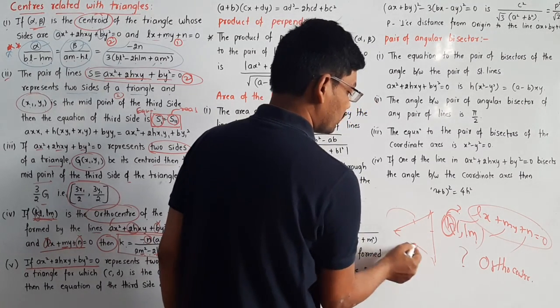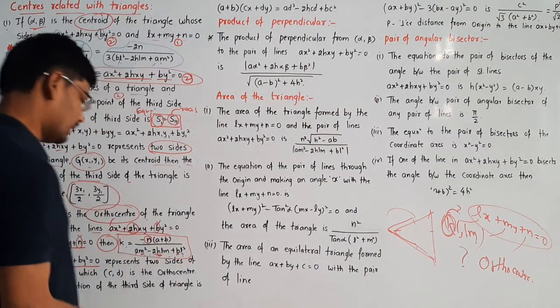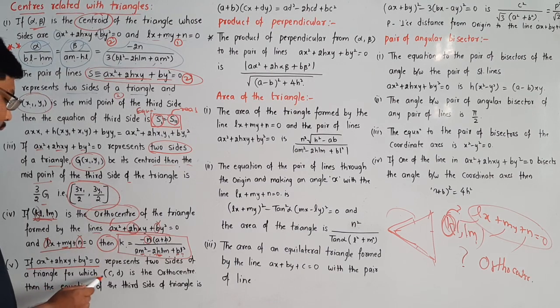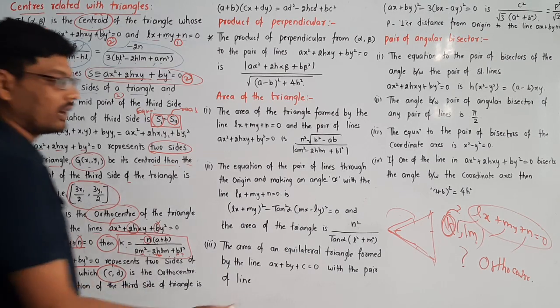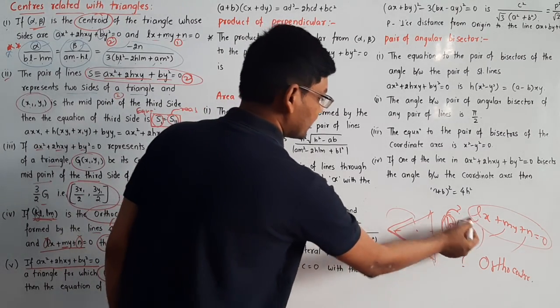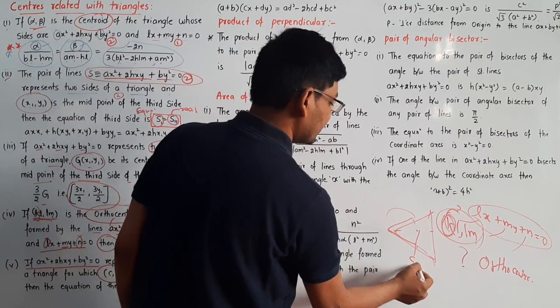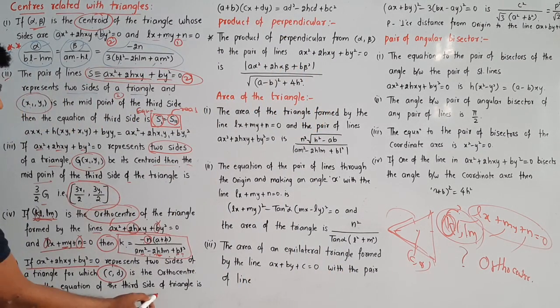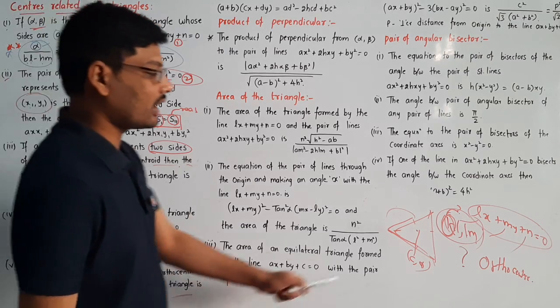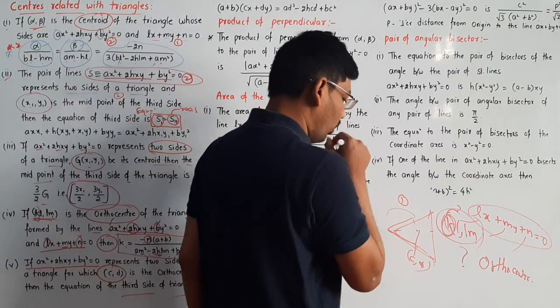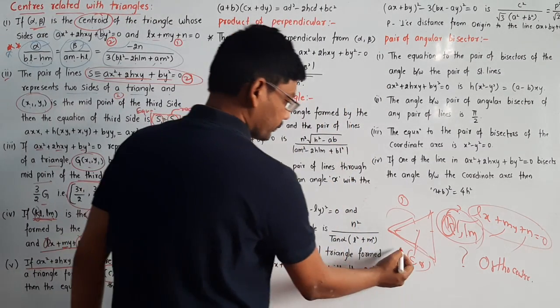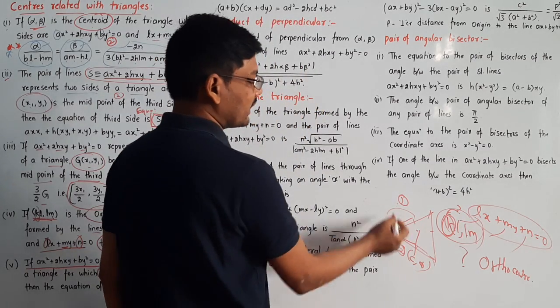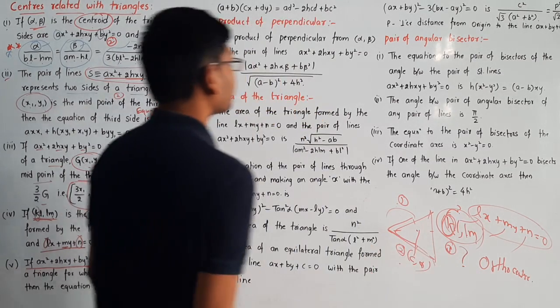Then for the triangle formed with these two sides, for which (c, d) is the orthocenter, in the previous case this was the orthocenter, and now in this case (c, d) is the orthocenter of the triangle. Then the equation of the third side of the triangle is, here, the first line, second line, and third line.